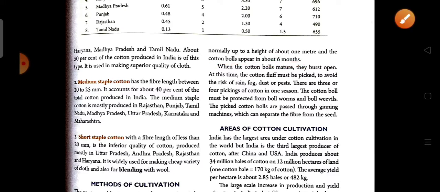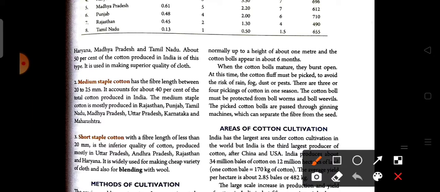When the cotton bolls mature, they burst open. At this time, the cotton fluffs must be picked to avoid the risks of rain, fog, dust, or pests. If the cotton bolls get wet by the rain, they get damaged and can no longer be used.